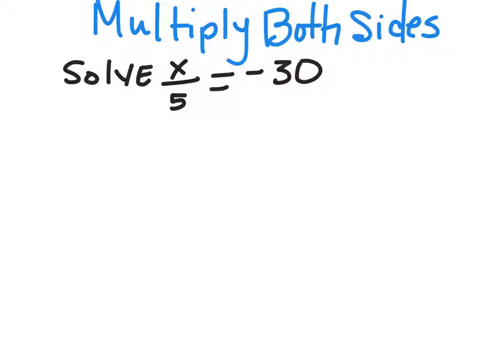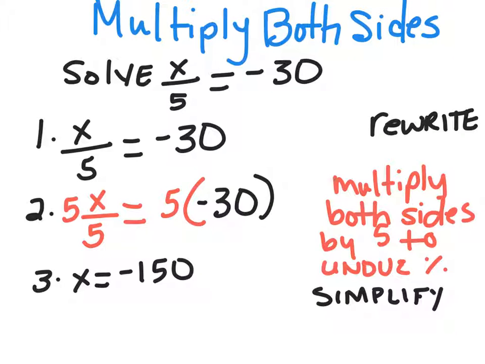Now we want to try to multiply both sides. The problem says solve x over 5 equals negative 30. Division is the operation, so the inverse is going to be to multiply to isolate the variable x. The first thing we need to do is rewrite the equation: x over 5 equals negative 30.